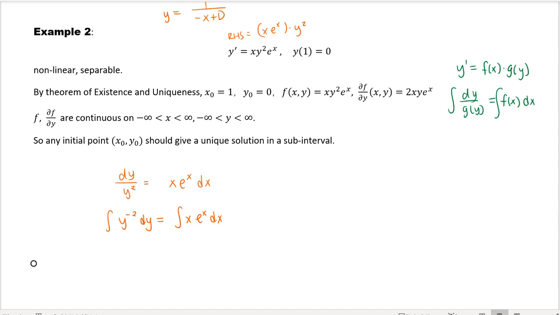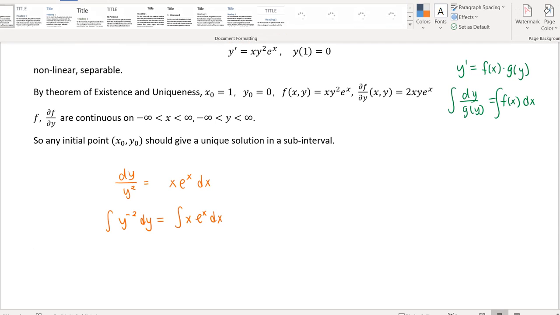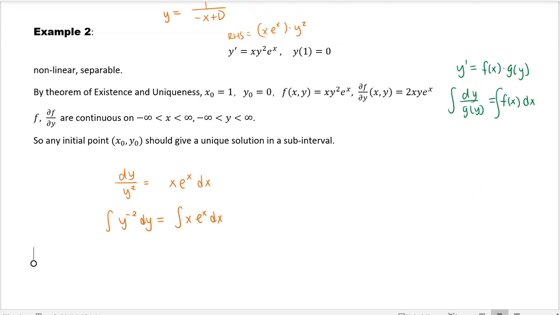I need to refresh your memory. If we see x times e to the x, what method do we use? Let me ask you, if you see e to the kx dx, this is e to the kx divided by k, because when you take the derivative, you multiply by k, so when you take the antiderivative, you divide by k.